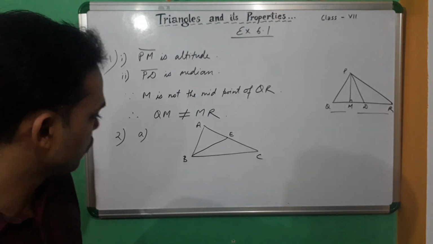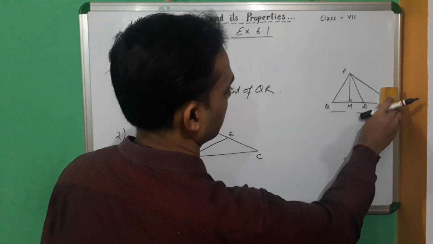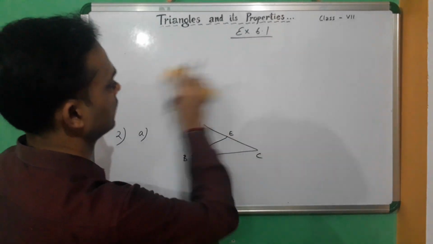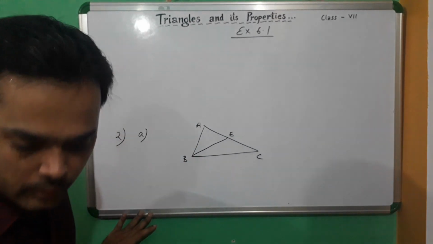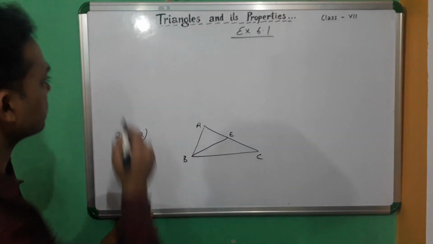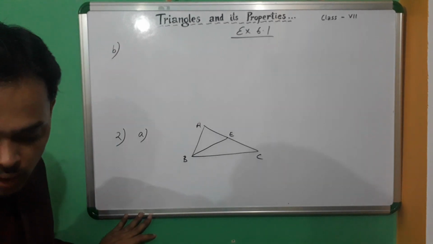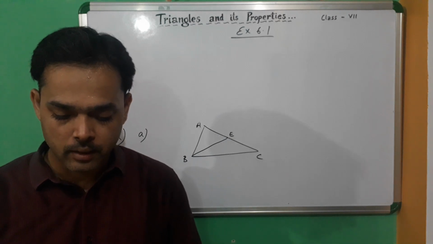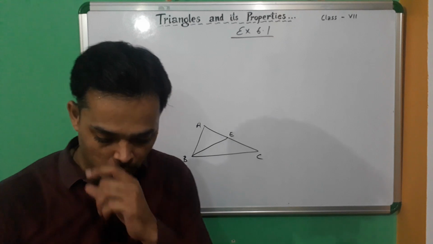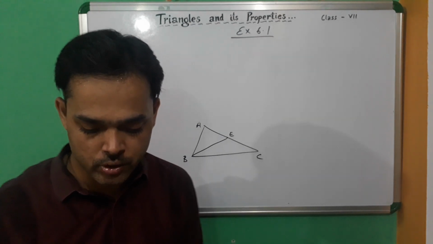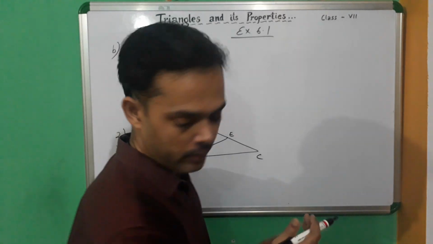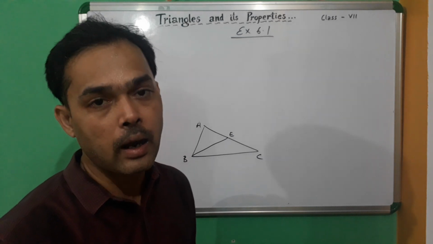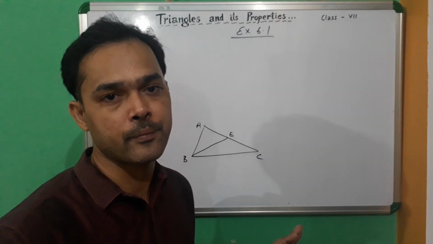Now let's move on to B part. In B part, the question is telling, draw a triangle PQR where PQ and PR are altitudes of the triangle. Now what you are observing over here is that the two sides which are mentioned are the sides of that particular triangle.